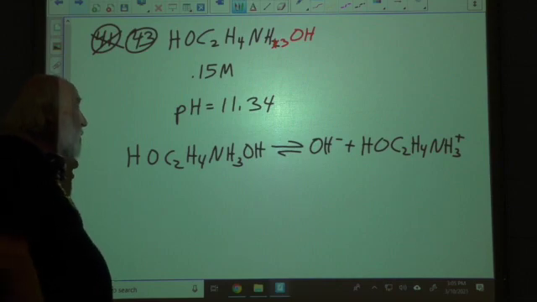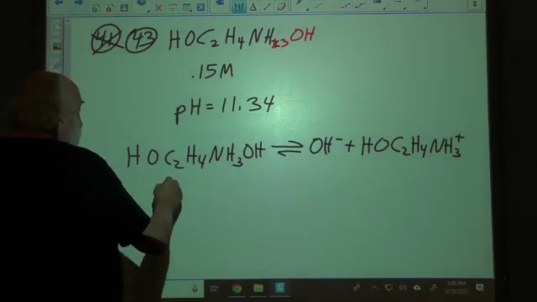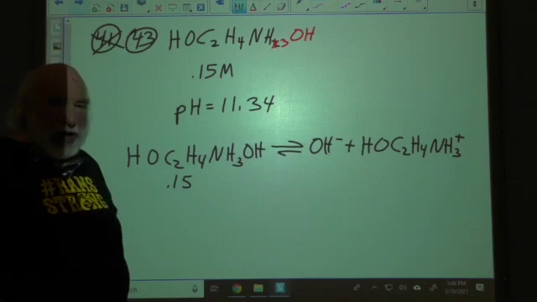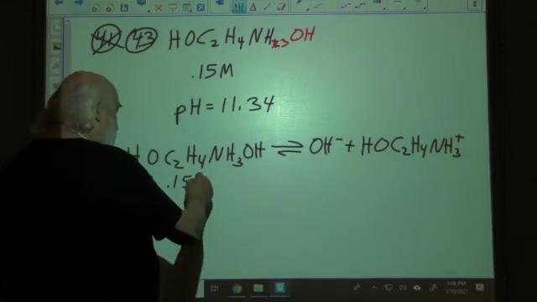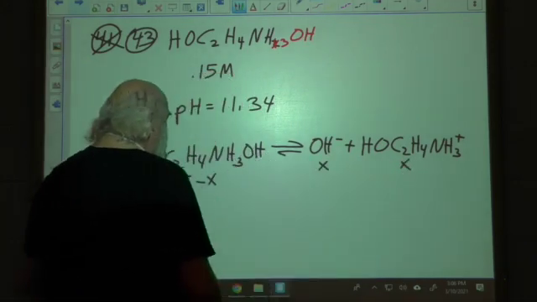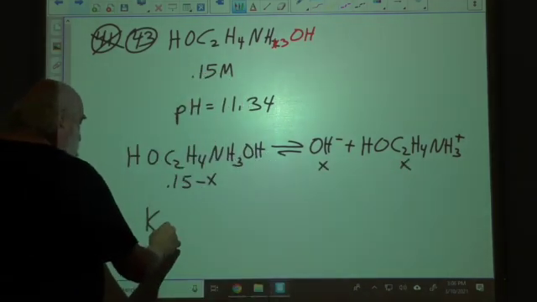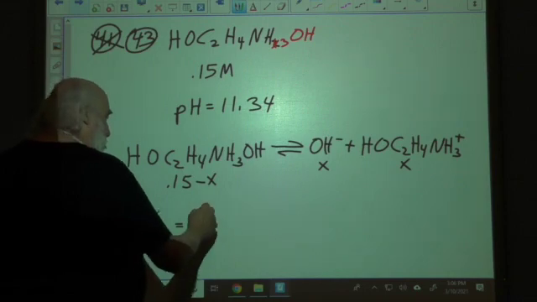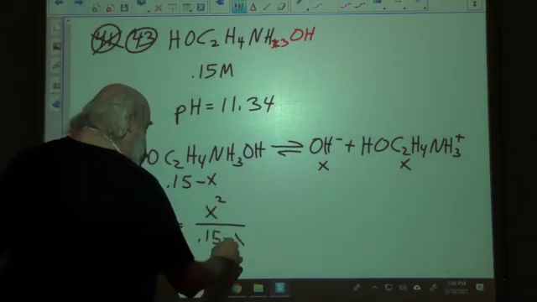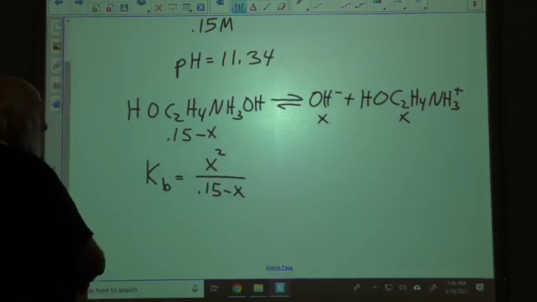Now, we also know that we have a 0.15 molar here. So we're going to do a little mini ICE table. We're going to lose X here, and we're going to gain X here, and we're going to gain X here. So our Kb is equal to X squared over 0.15 minus X. But here is the big difference.